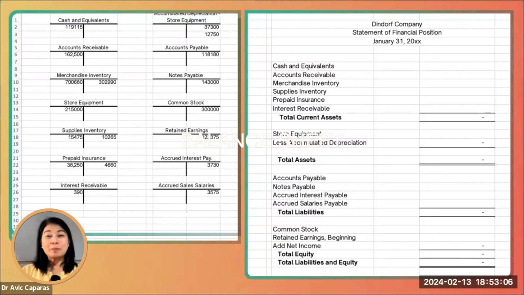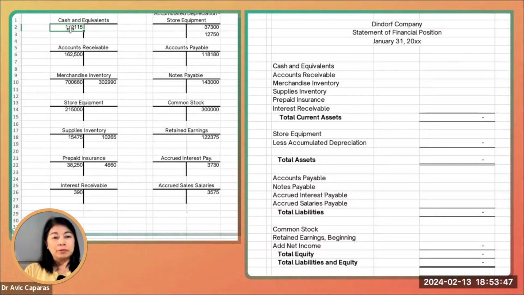So now we are in the last part of the requirement, part 2, which is the balance sheet. And with this, we only need to look into the T accounts, which has the permanent accounts. The cash and equivalents would have 119,115.